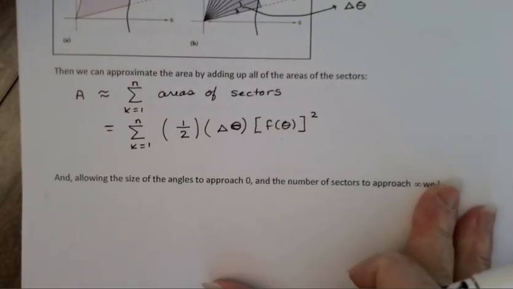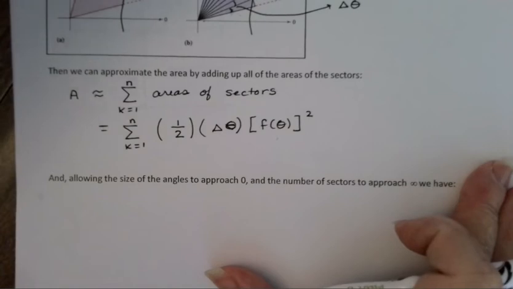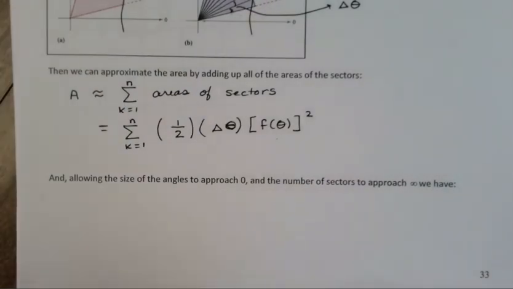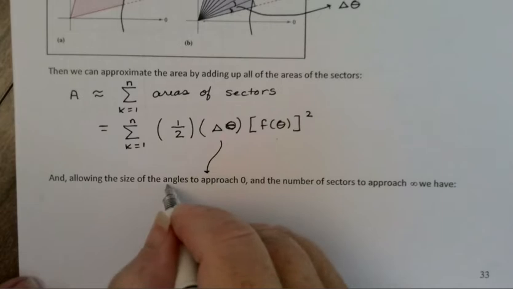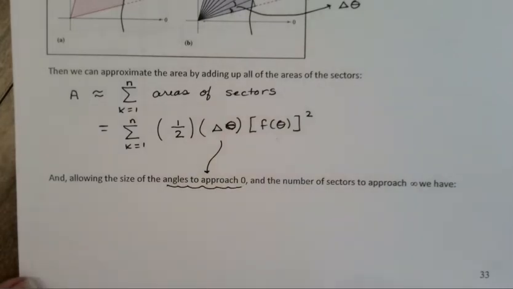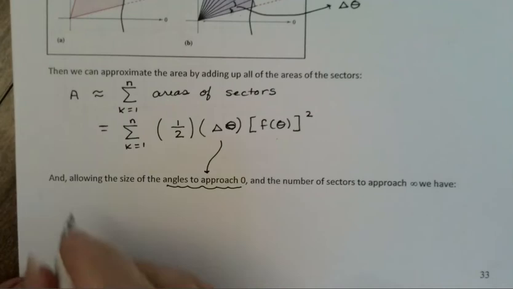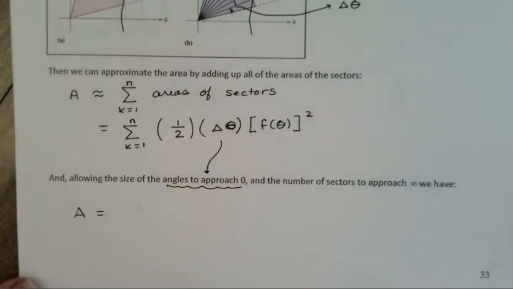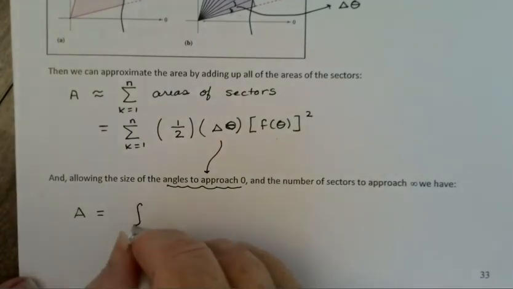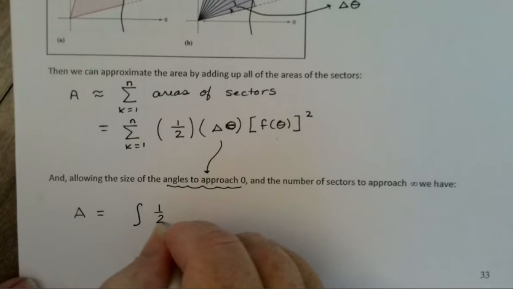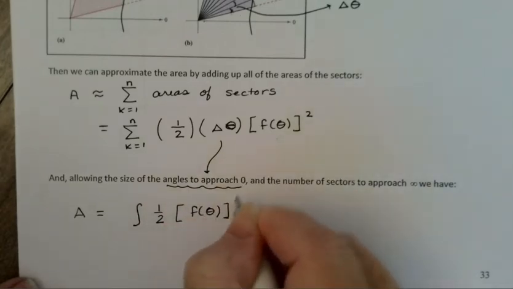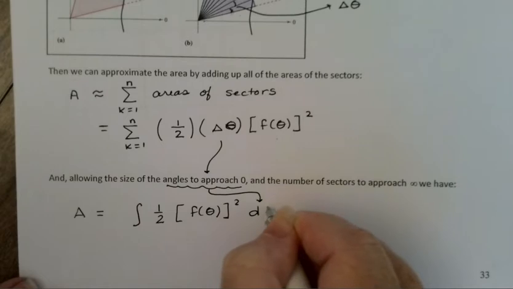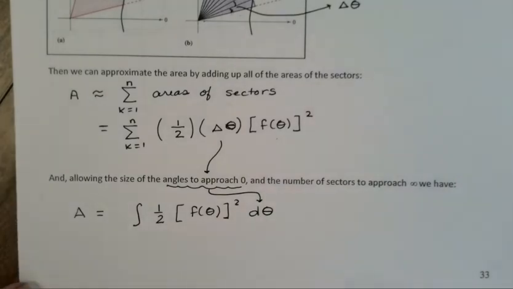Well, we know that if that's an area approximation, then I can make that approximation into an exact area if I allow the size of these little angles, the delta thetas, to approach 0. Then we know the delta theta approaches our differential, d theta. So the exact area could be written as the integral of 1/2 f of theta squared times the infinitesimally small d theta.